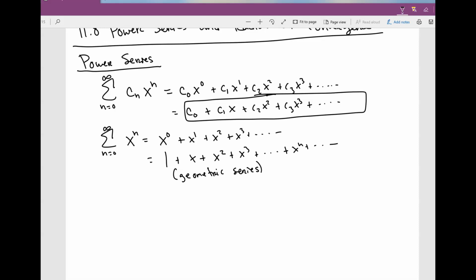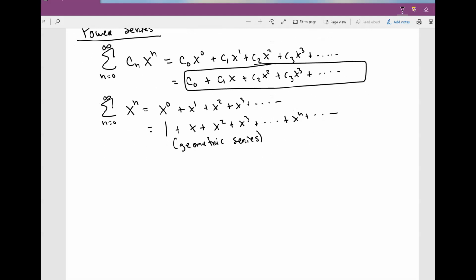The geometric series test said that if the absolute value of r is less than 1, then it will converge. In this case, r is this x. So if the absolute value of x is less than 1, it will converge.